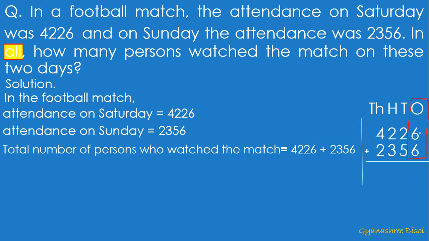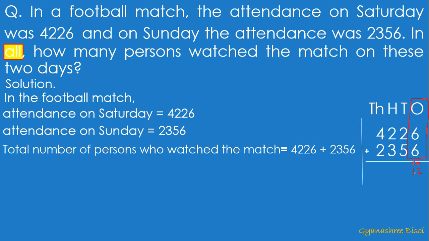So go to ones place. In ones place, I have 2 digits. 6 plus 6. 6 plus 6, that becomes 12. But we know that at ones place, we cannot write 12, two digits at a single place, right? So here 2 is at ones place and 1 is at tens place.